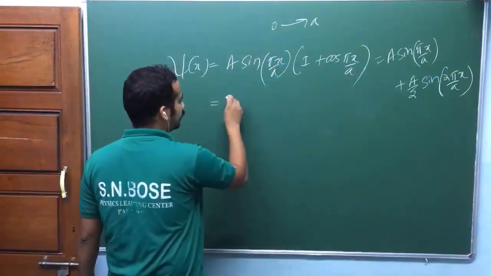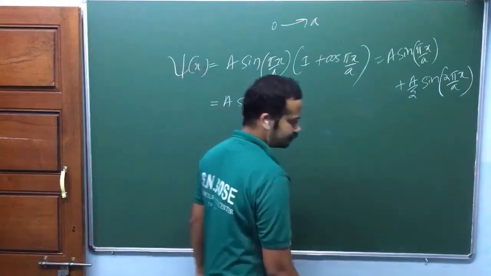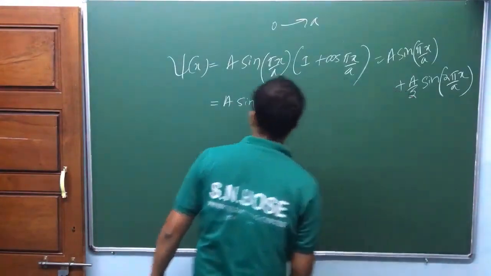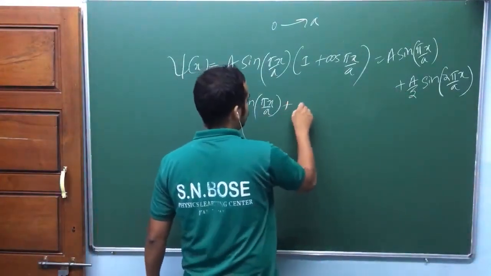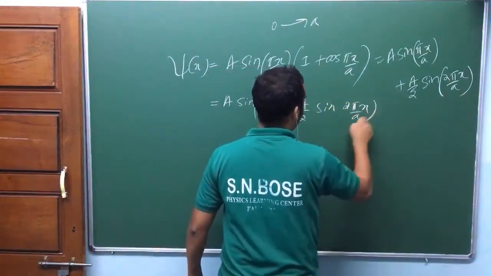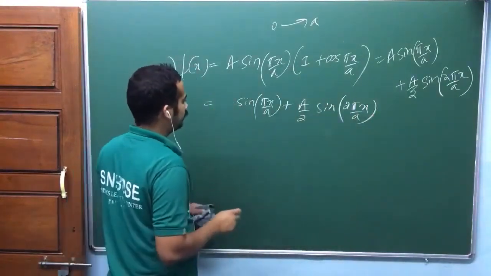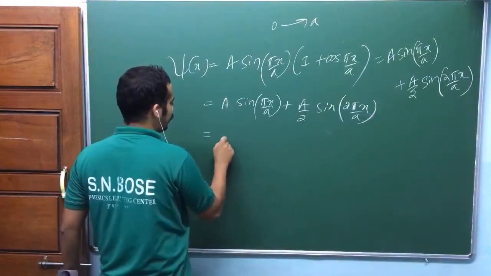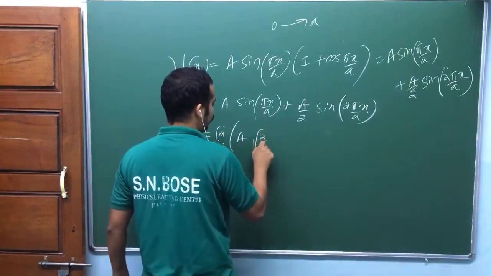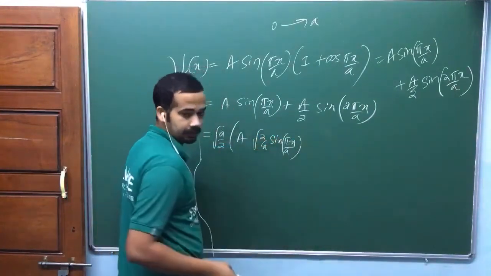Now look at here. A sine pi x by A plus A by 2 sine 2 pi x by A. Now what I need here is root of 2 by A. So root of A by 2, into root of 2 by A sine pi x by A, because you need to write normalized states here.